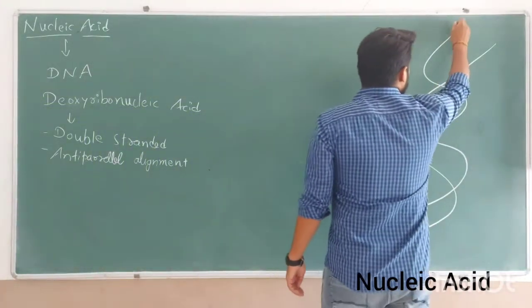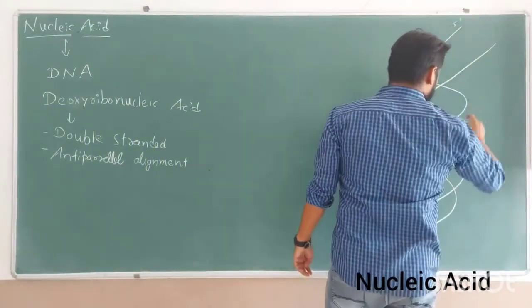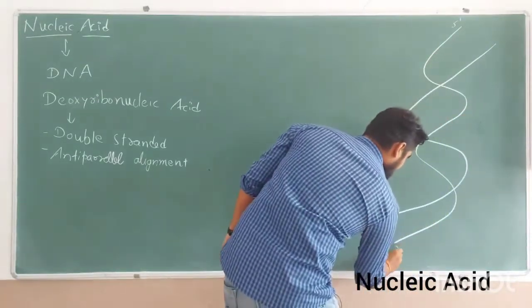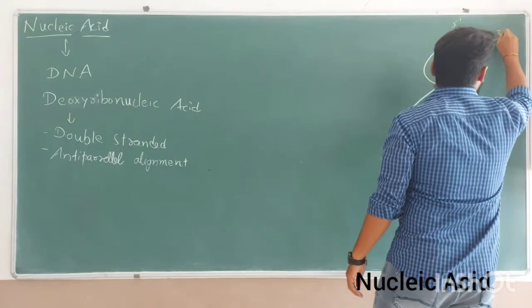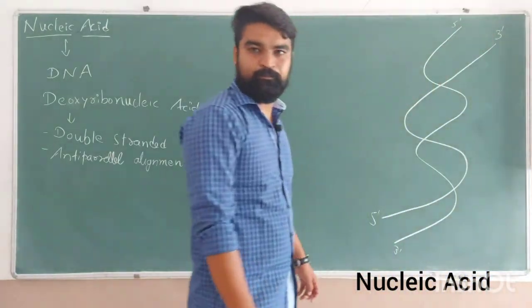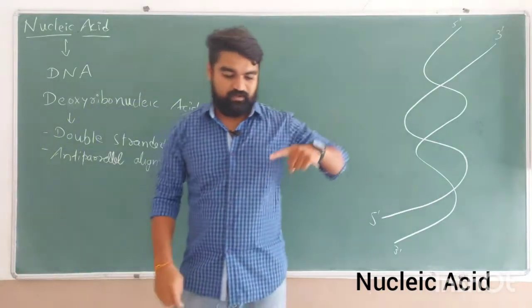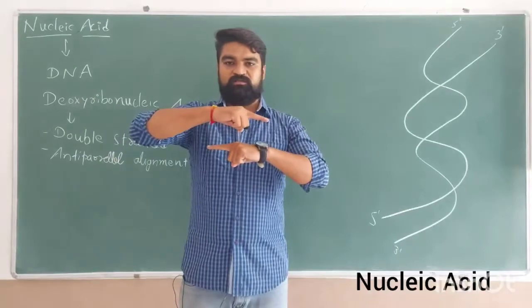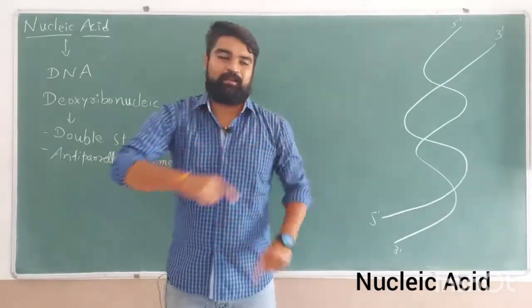That is, if this strand starts from 5 prime and ends at 3 prime, the other one will start with 3 prime and end with 5 prime. So they are anti-parallel to each other. One runs towards this and one runs towards this. That's why they are called anti-parallel.